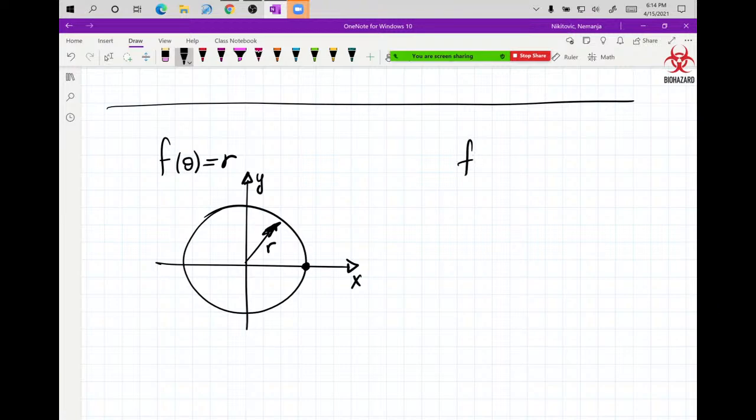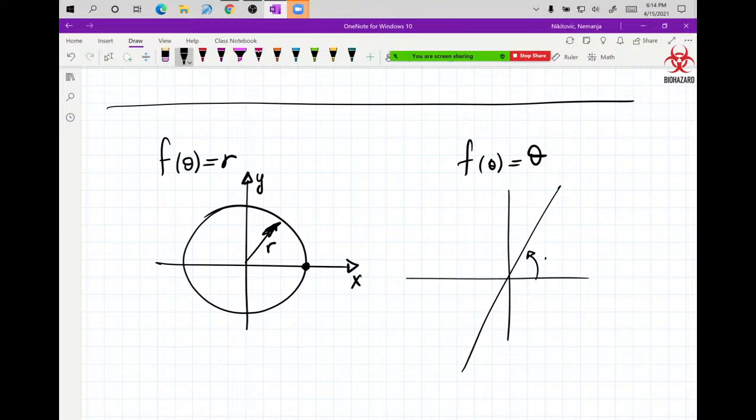But on the other side, if the function is equal to theta, that is just going to give you an angle through the origin. So that's a straight line. So circle and linear line. And these are the two basic graphs.